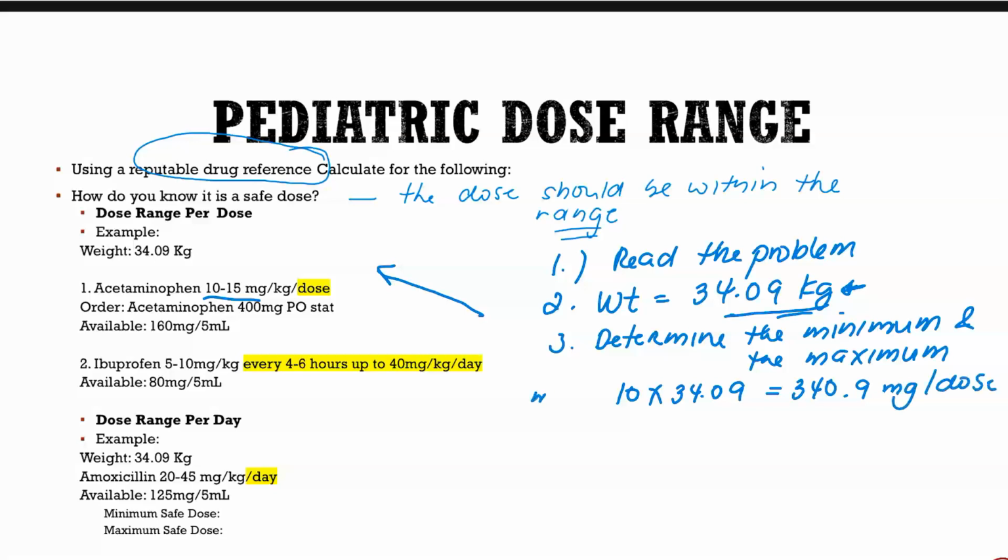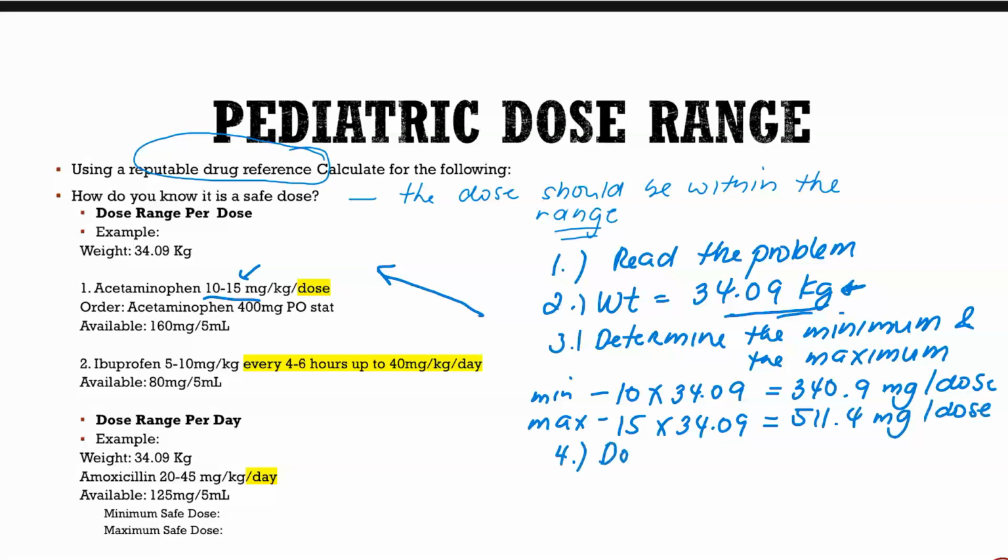Each time you're giving it, that's the minimum. Next is the maximum. Using the numbers provided, 15 times 34.09 equals 511.4 milligrams per dose.